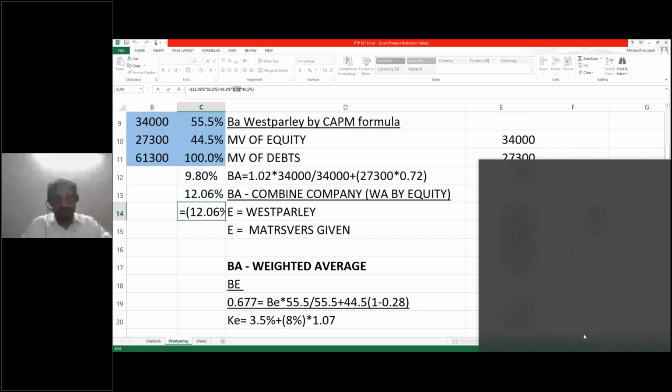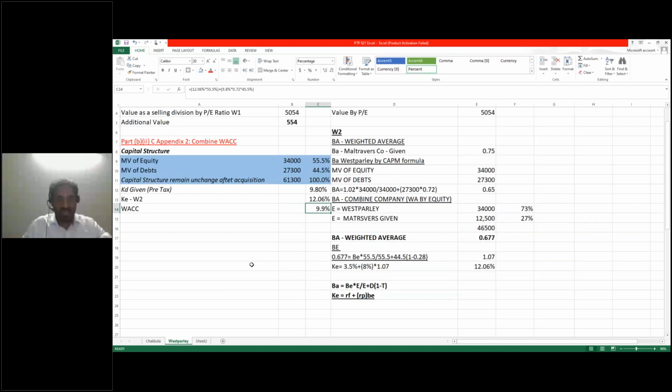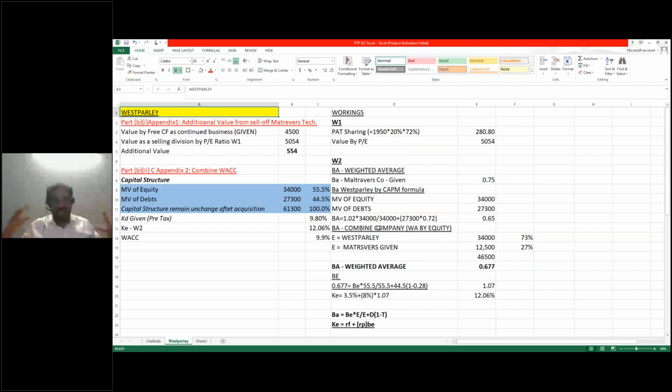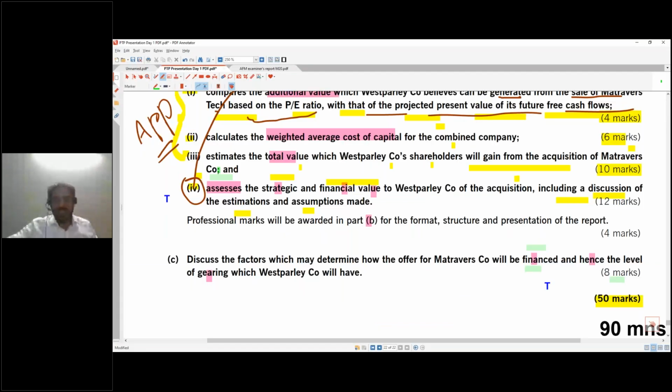Okay. Now what about part C? Quickly, because we have to move on to the report writing as well. Estimate the total value which West Parley shareholders will gain from the acquisition of Met-Travers company. Once again, first of all, we have to develop reverse engineering. Ask yourself and reply to me.